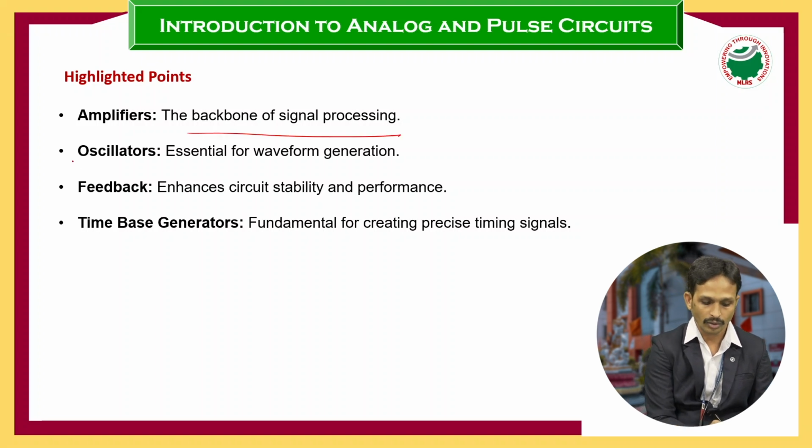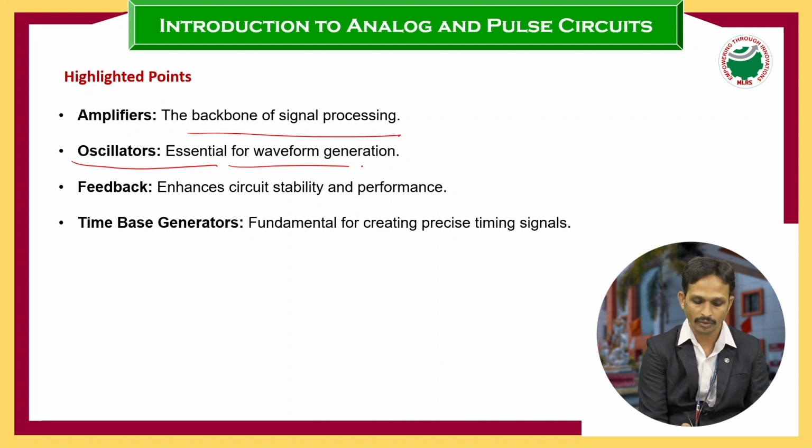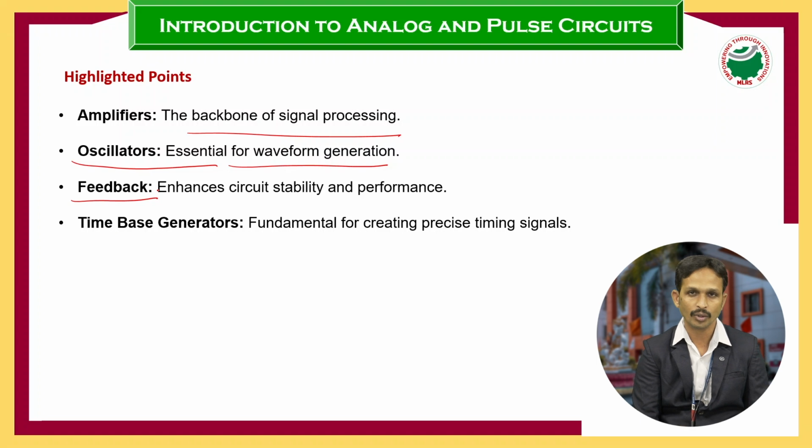Also oscillators, that is, positive feedback amplifiers, are essential for waveform generation. We will also study feedback systems, positive and negative feedback, which enhance circuit stability and performance. We can calculate and analyze the performance and stability of amplifier circuits in our course.